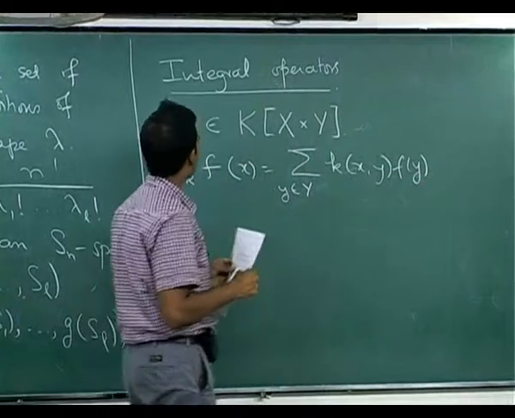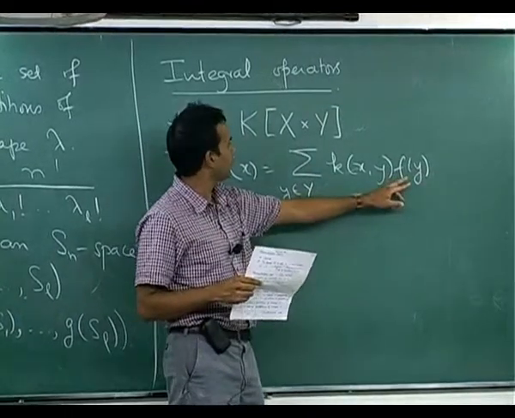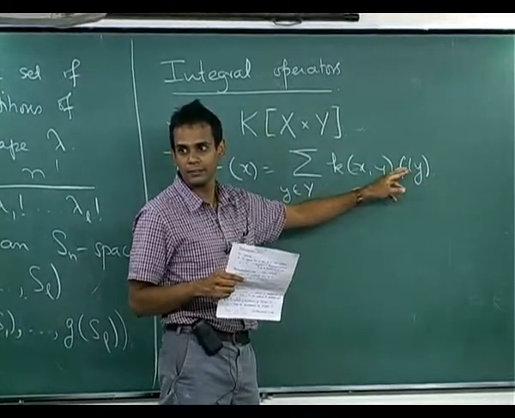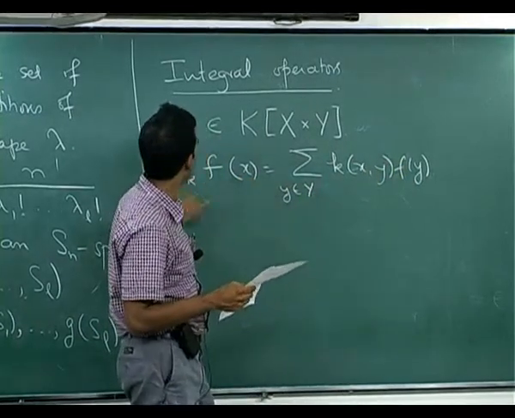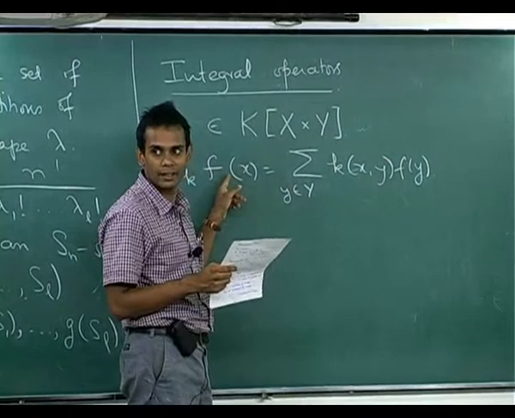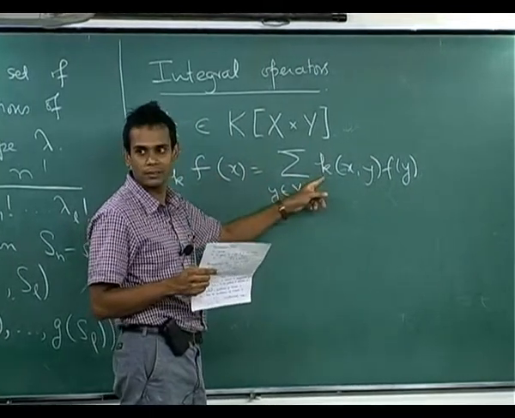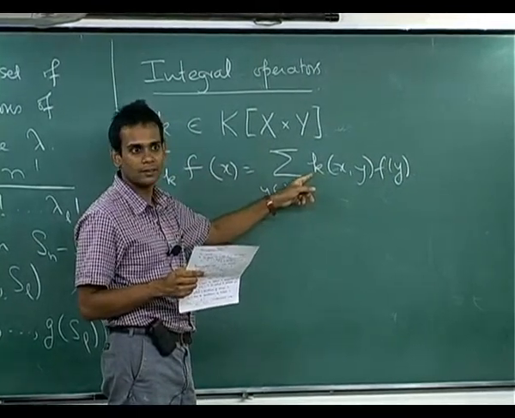So what's happening here? f is evidently a function on the set Y, and I'm using it to construct a function T_k f, which is a function on the set X, with the help of this kernel little k.